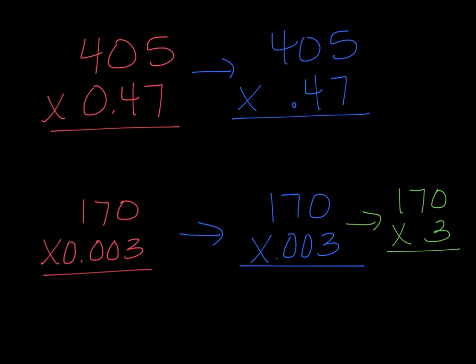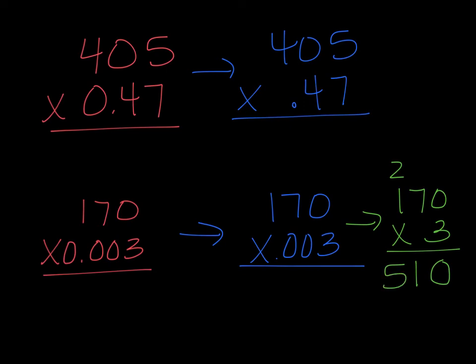So let me show you what that looks like. 0 times 3 is 0. 3 times 7 is 21. And 3 times 1 is 3 plus 2 is 5.